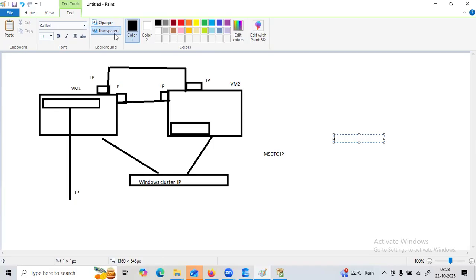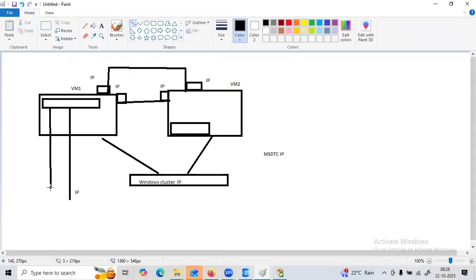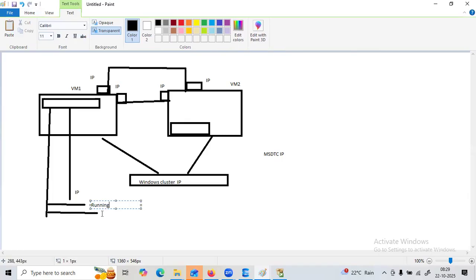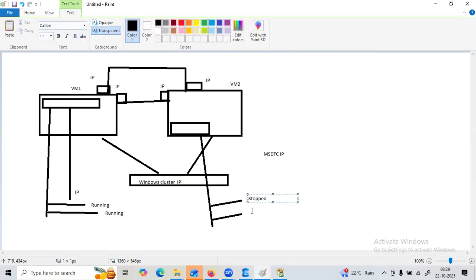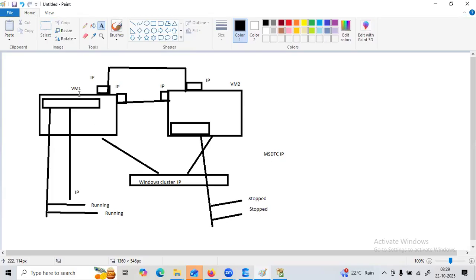Why? Because, as I mentioned previously, the SQL Server services will be running here, and here the SQL service will be stopped.